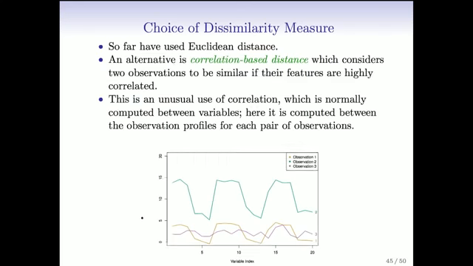Let's see. Okay. So a few more things to talk about. We talked about the complete, average, single and centroid linkage in the previous slide, and that was to do with how far apart we deem a pair of clusters from each other. But then we still have to decide what we mean by far apart, right?